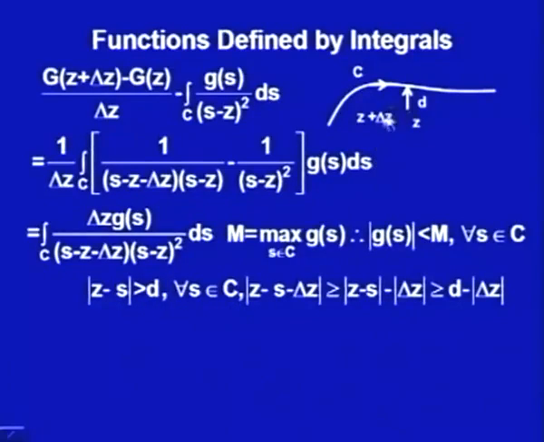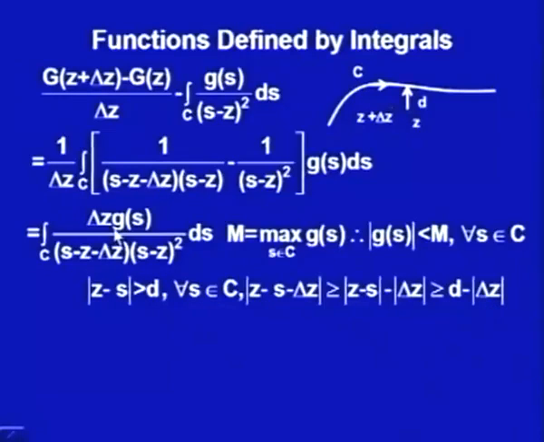So, |z minus s| must be greater than or equal to d for all s in C. Now, if I take s plus delta z in a small neighborhood of z, then, again using the simple absolute inequalities, |z minus s minus delta z| would be greater than or equal to |z minus s| minus |delta z|. Since |z minus s| for every s on the path C is greater than or equal to d, it should be greater than or equal to d minus |delta z|.